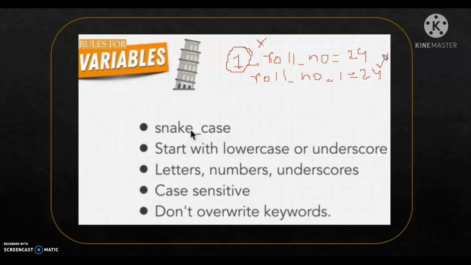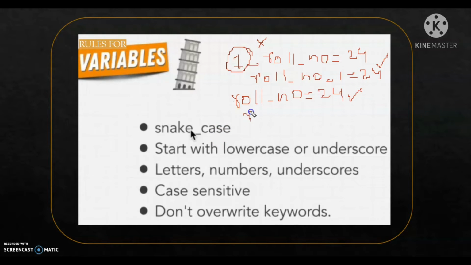And the next one is, spaces are not allowed in variable names, but underscores can be used to separate words in variable names. For example, we take the same thing. If I use the word roll_number is equal to 24, this won't show any error in Python.